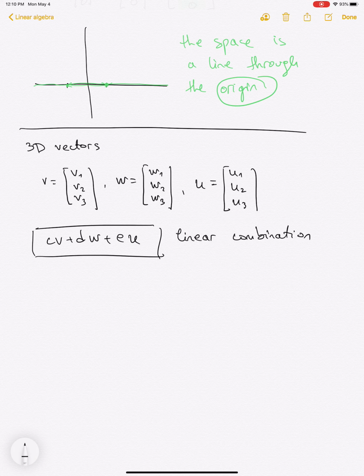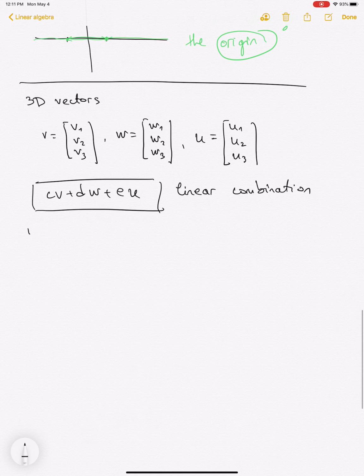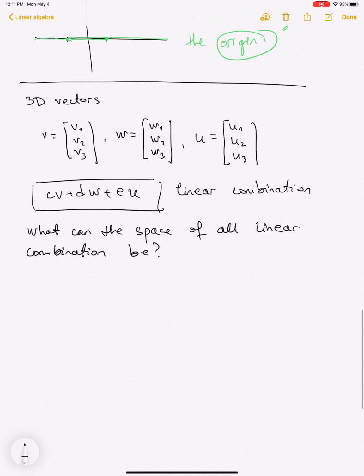Now, the question that is interesting here is when we are given three vectors in three-dimensional space, what is the space of all linear combinations? Or rather, what can the space of all linear combinations be?